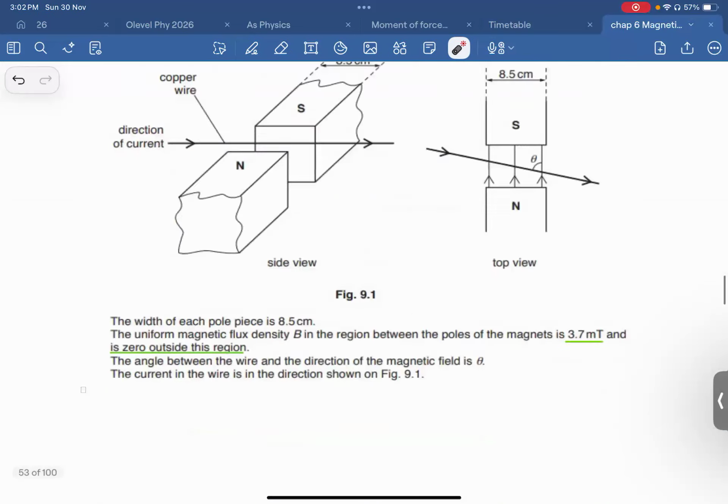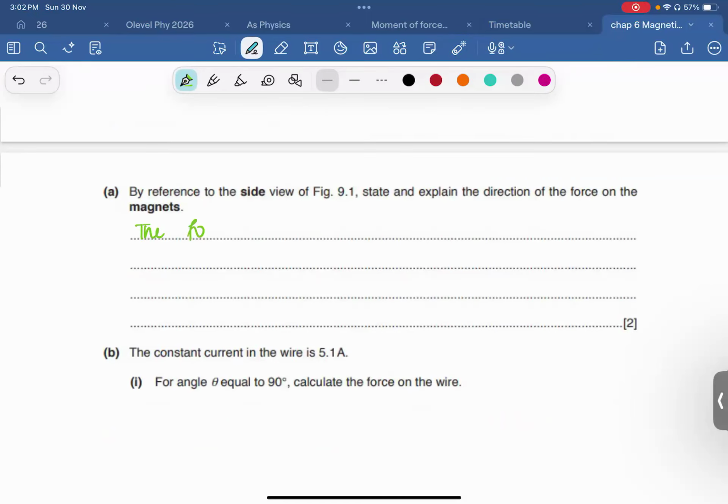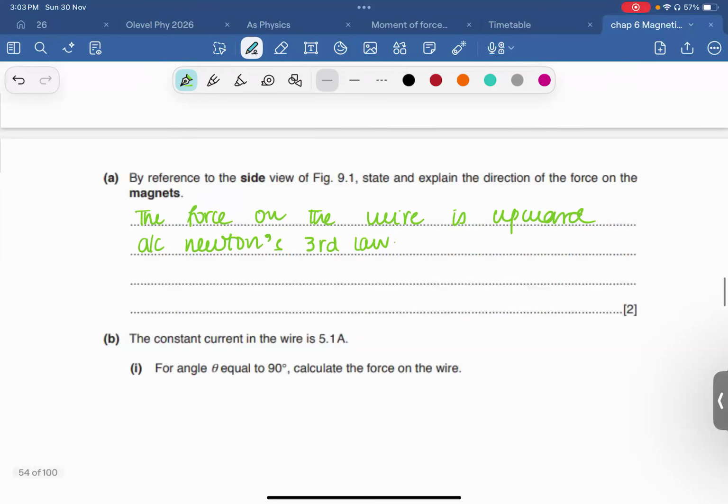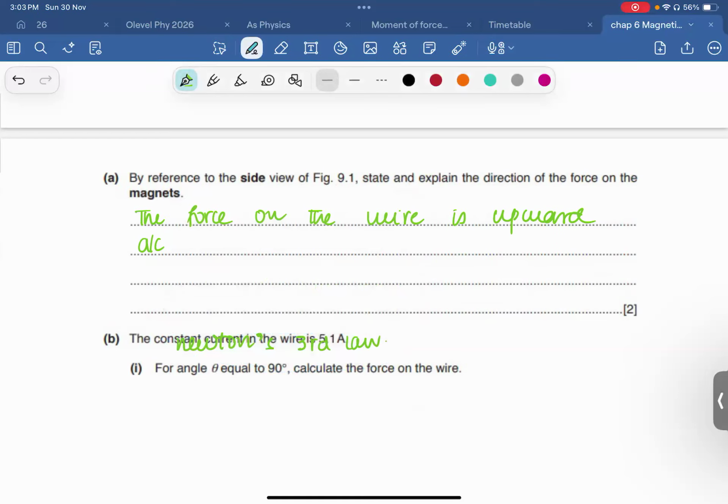So basically, the force on the wire is upward according to Fleming's left hand rule.